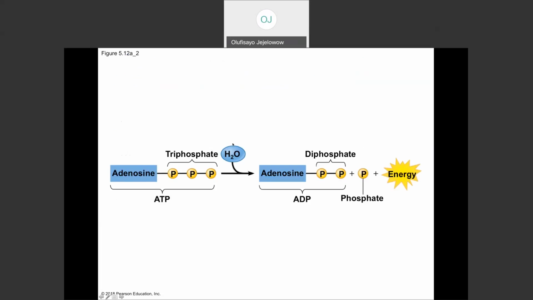By hydrolysis, adenosine triphosphate is converted to adenosine diphosphate, and the phosphate goes on to bind to another molecule in a phosphorylation, and the bond between phosphate number 2 and phosphate number 3 is broken. The energy of that bond is released.